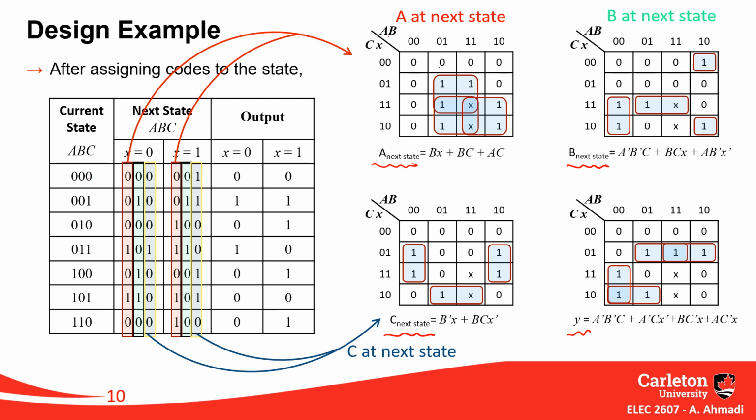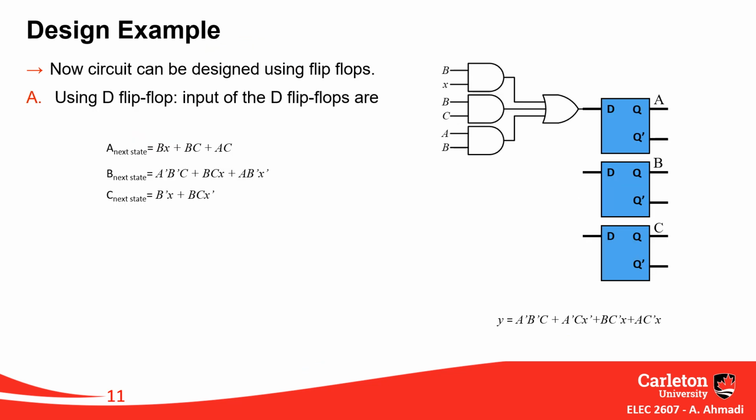If I work on this, I can design a circuit for a D flip-flop implementation of our circuit. Okay, 3 current state as inputs, and input signal X then combined together gives me logic design.